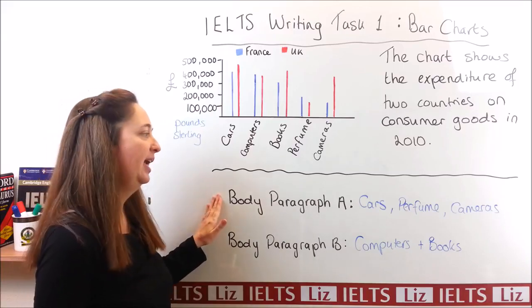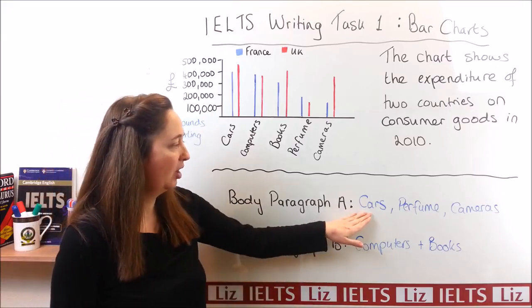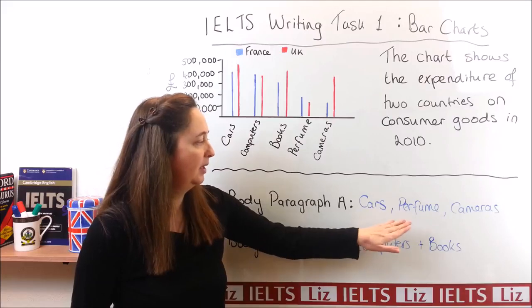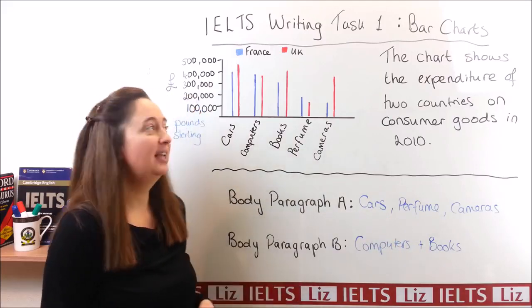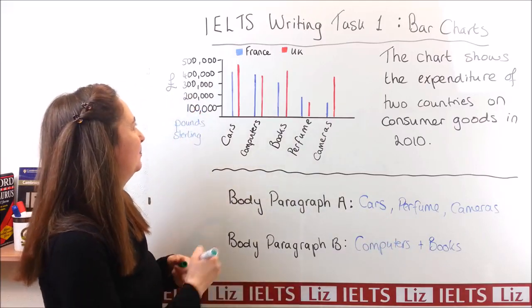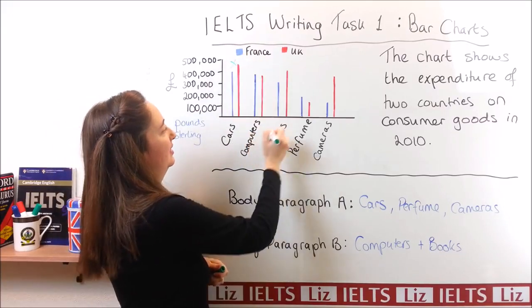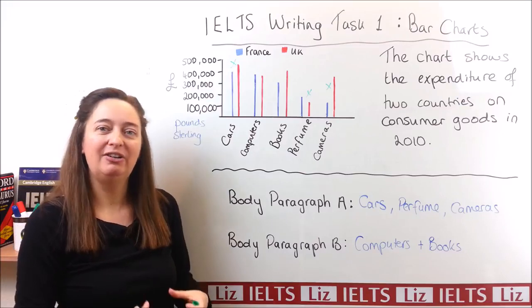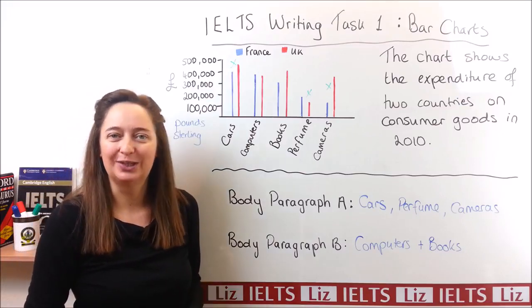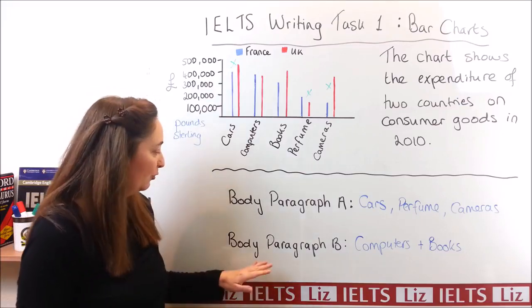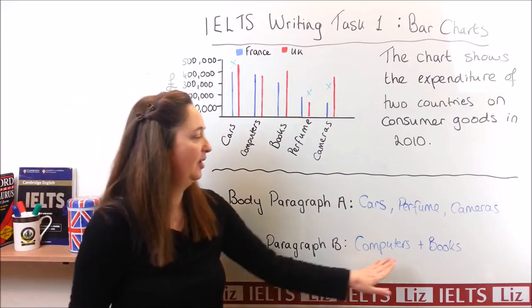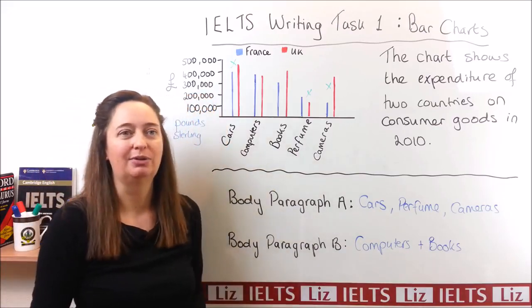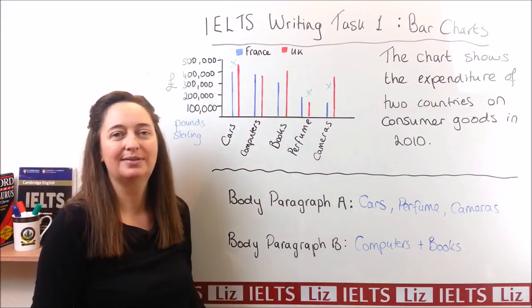In body paragraph A, we can have information about cars, perfume and cameras. And that is because we highlighted them as the highest and the lowest. So that would be a very easy, logical way to organise your writing. And of course, body paragraph B would have the other 2 categories, so computers and books.